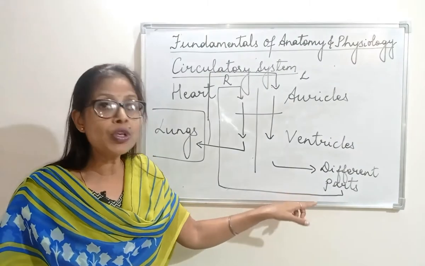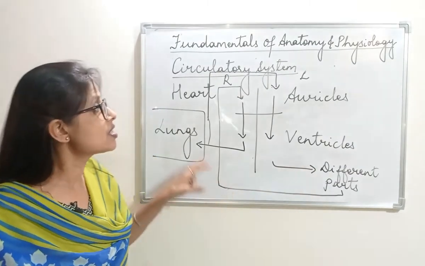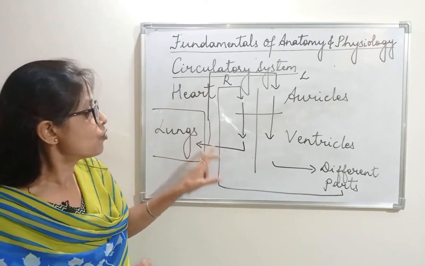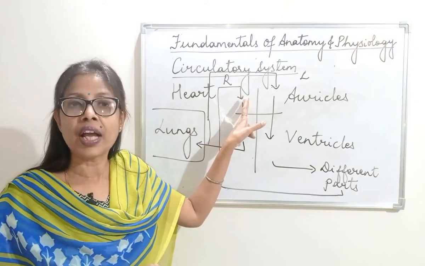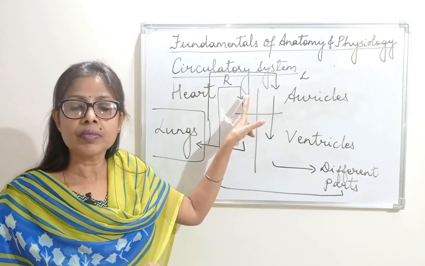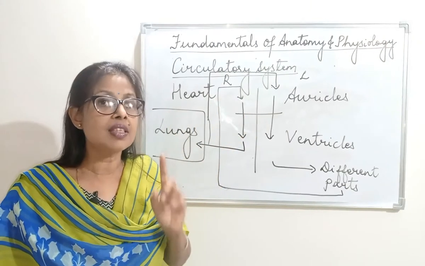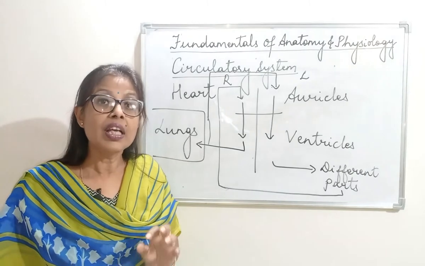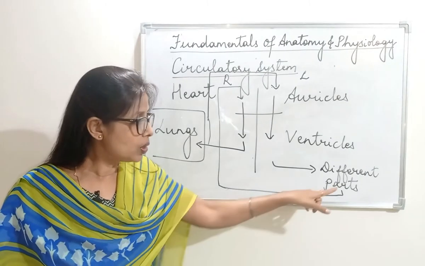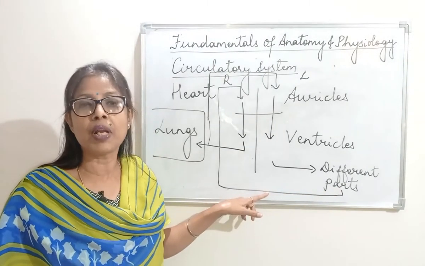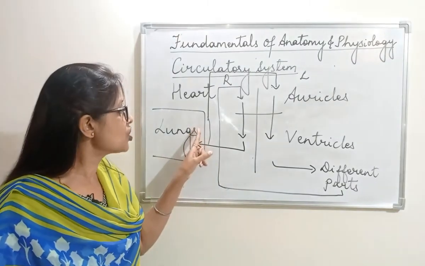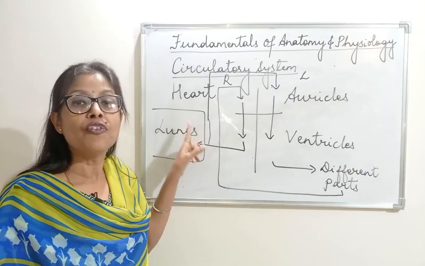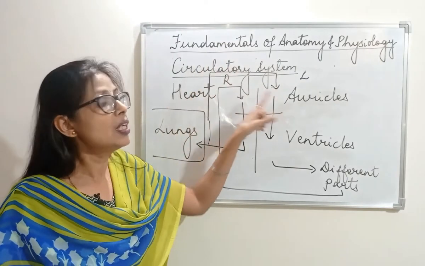It is the pulmonary artery which carries the impure blood from the heart and takes it to the lungs. All the veins in our body carry impure blood, except the pulmonary vein, which carries pure blood from the lungs into the left auricle.